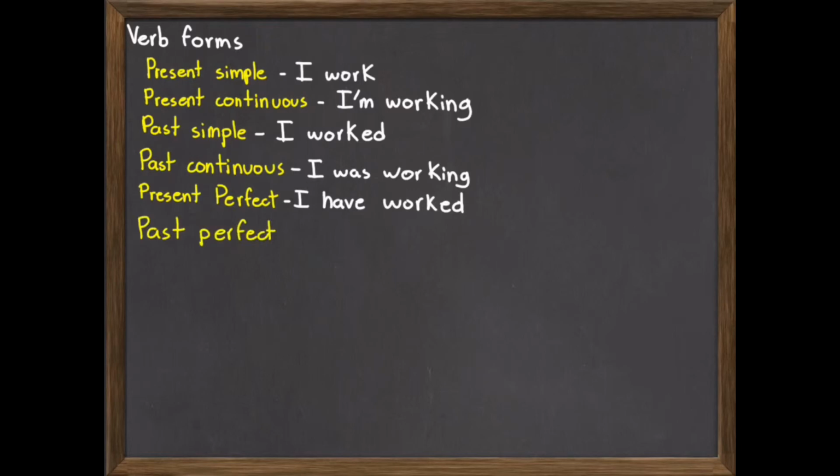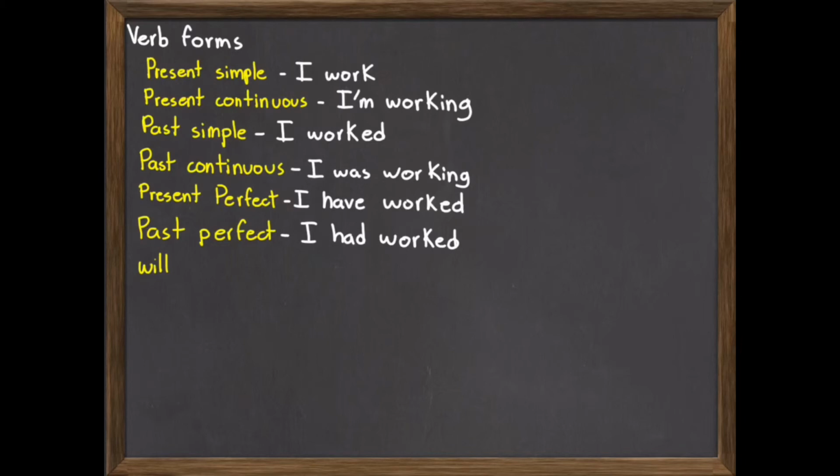We also talked about the past perfect. We use the past perfect to talk about an event in the past that happened before another event or a specific time in the past, such as I had worked. We also looked at will, which is a prediction of probability.